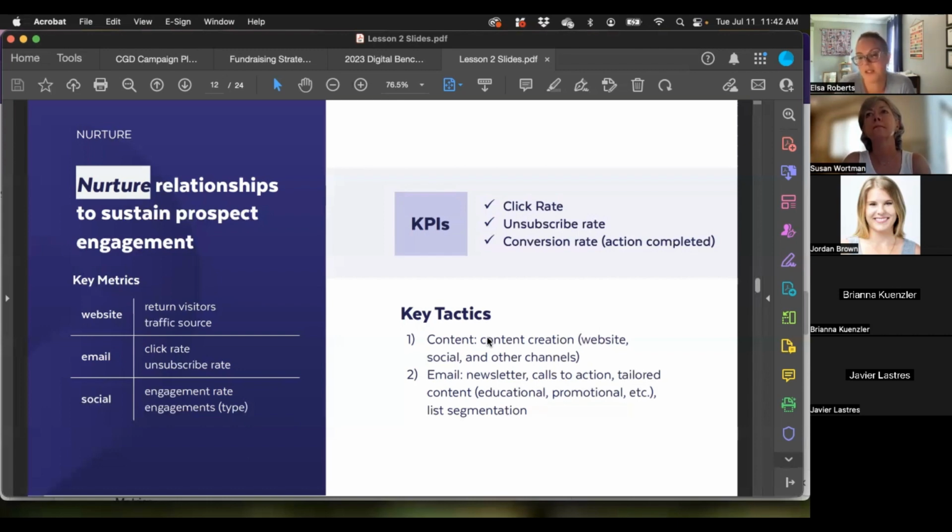So instead of providing just information about what's coming up, you could share information about the impact that your services have, or important statistics about how many people are being served, or personal stories about how your programs have had a positive impact on someone's life.